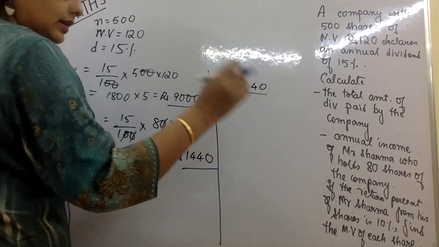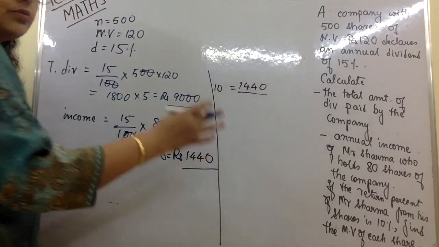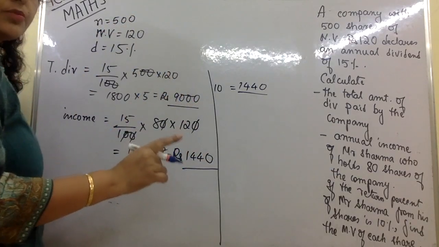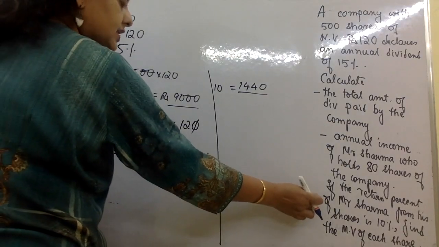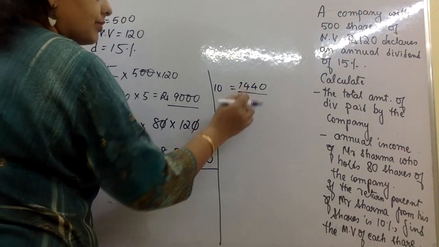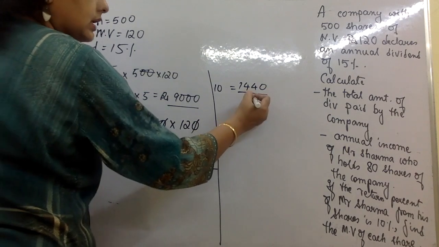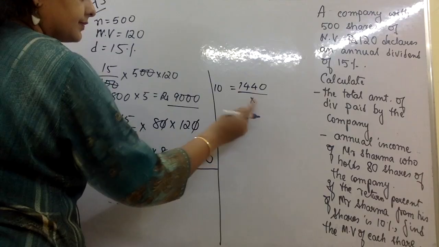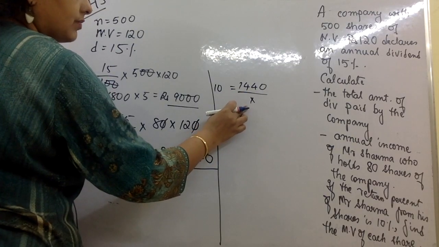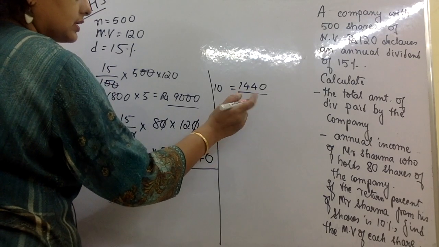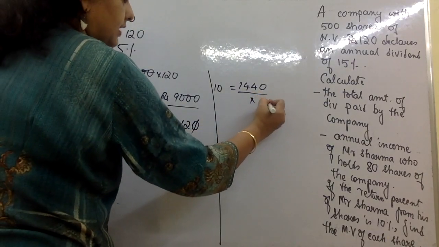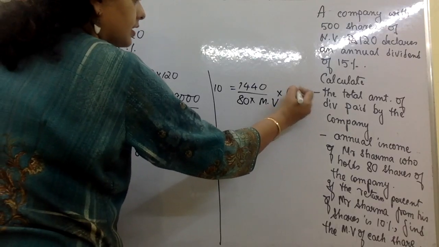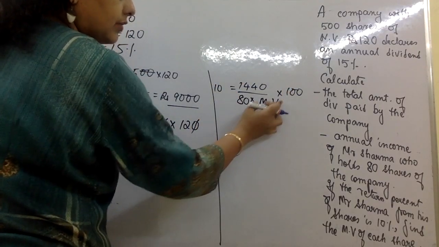Till now I had thought that he had bought it at nominal value. No, he has not bought it at nominal value. I understand that when I read this part of the question. Now market value of each share: income 1440, and market value into number of shares, he had 80 shares, into 100. That means income by total market value into 100.